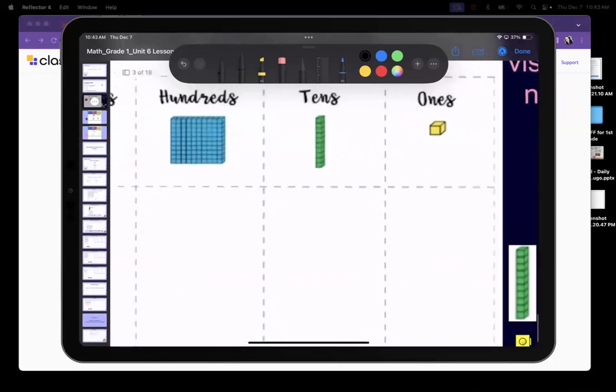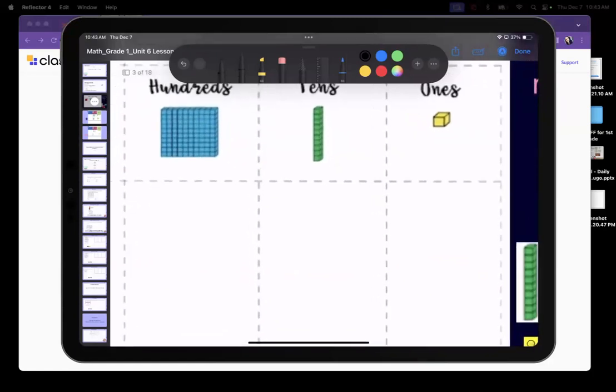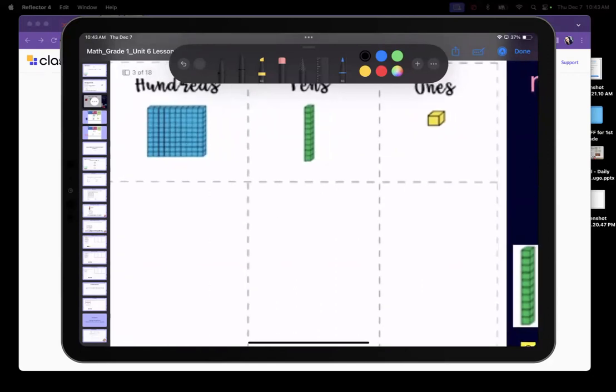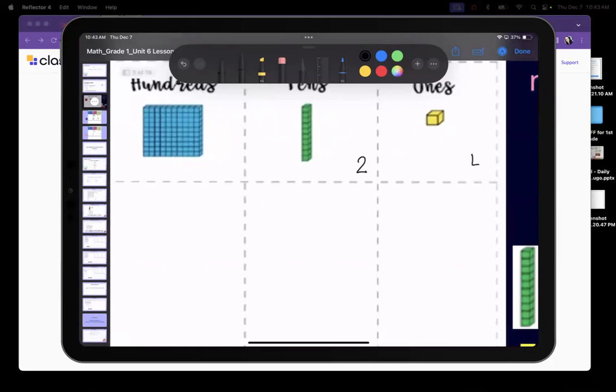Our next number is going to be our magic number. Rochelle, you want to give me a magic number today? 24. Okay. 24 is the number that Rochelle chose. How many in the tens?